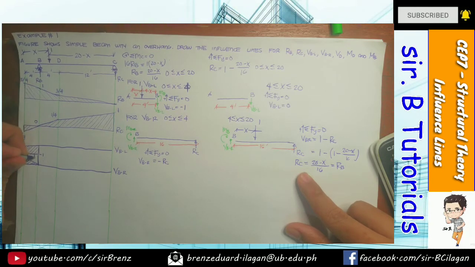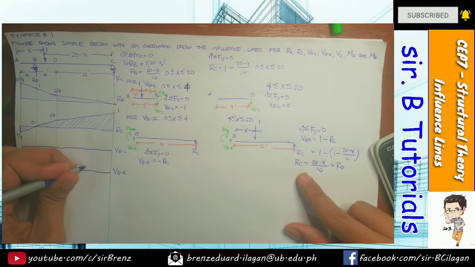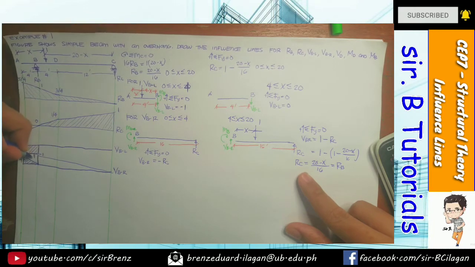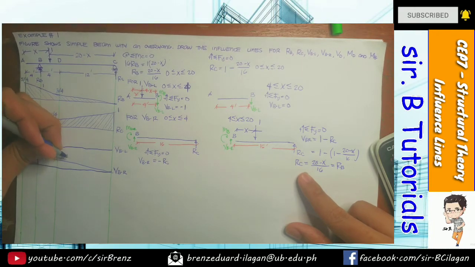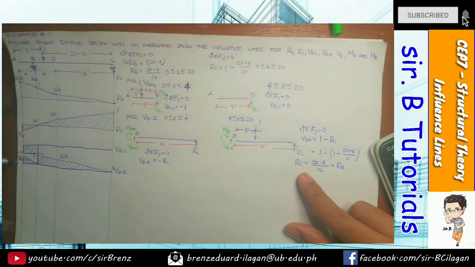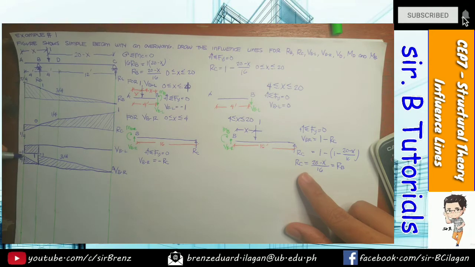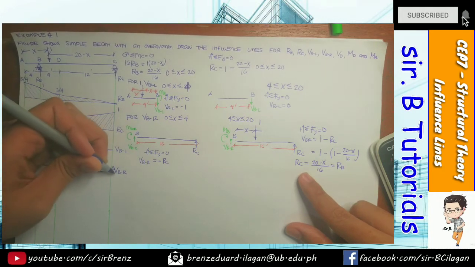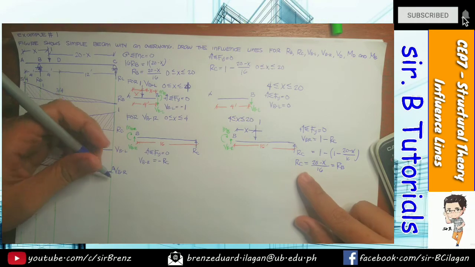So, magiging 1 dyan, and then, pababa. So, kung 1 dito, magiging 3/4, and then magiging 0. Okay? So, coming from 1/4, positive, magiging 0 dito sa 4, and then tataas siya, magiging 1, and then 3/4, and then magiging 0 ulit. Okay?